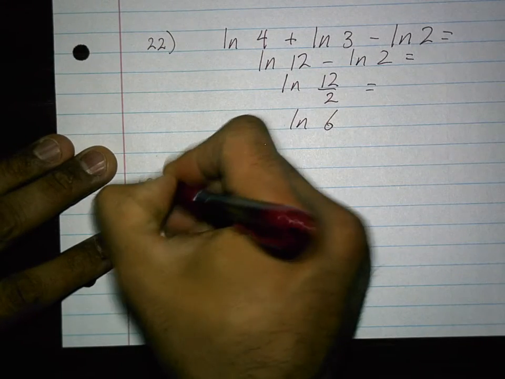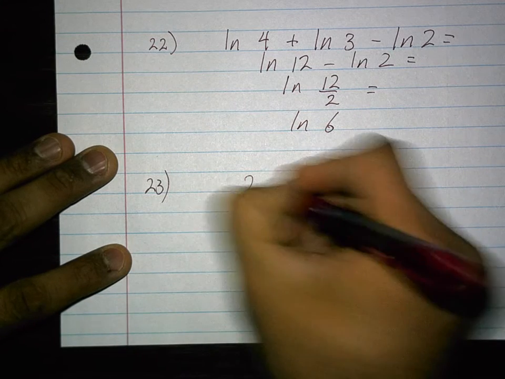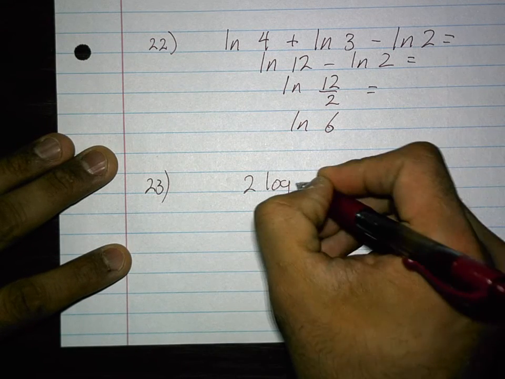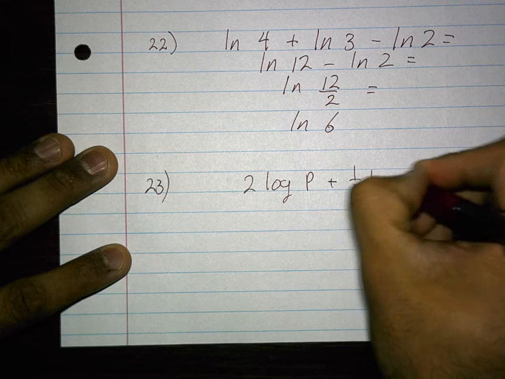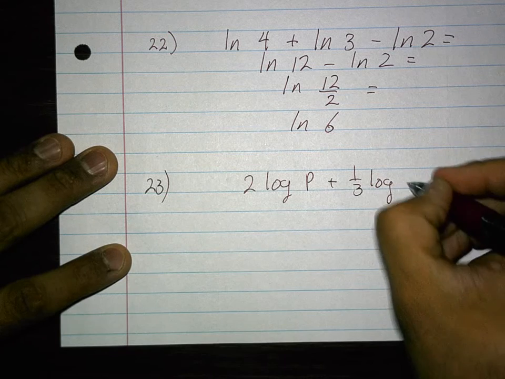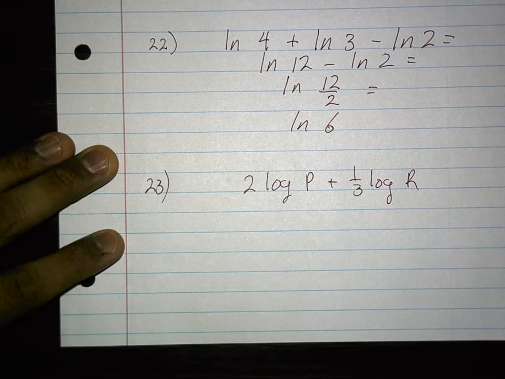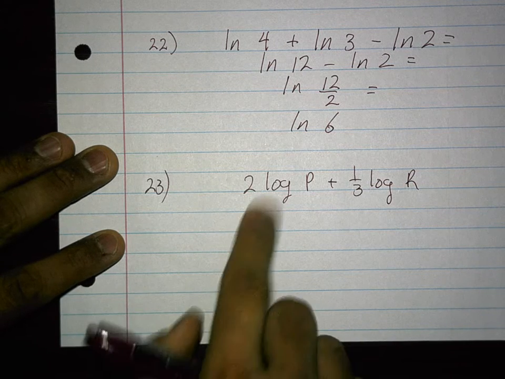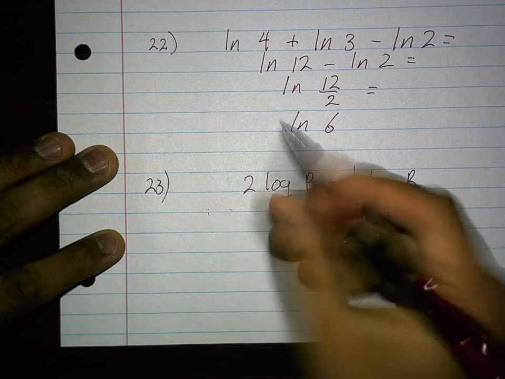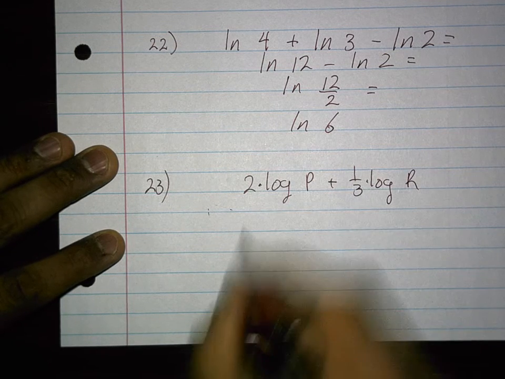Number 23. A lot of people do tend to miss this one. This is 2 log p plus 1/3 log r. Okay. So when converting to a single logarithm, the first thing I typically want to do is deal with any kind of power rule. You can see that here because I'm multiplying out front.